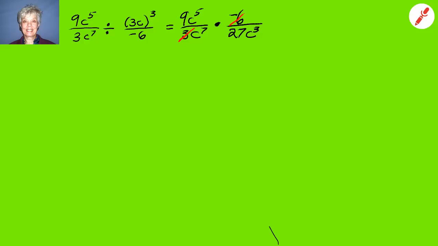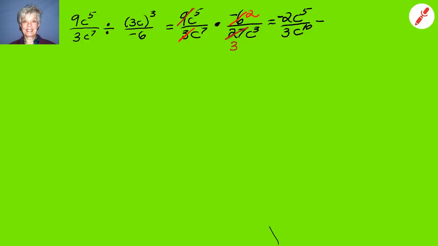Now 3 goes into 6 two times. And 9 goes into 27 three times. So what we're left with right now is 2c to the fifth over 3c to the 10th, because 7 plus 3 is 10.